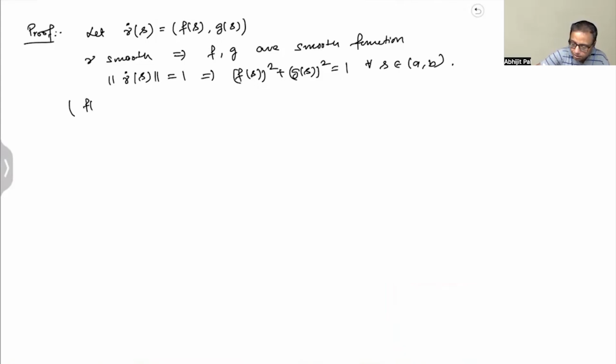So suppose Fs is equal to cos phi s, so we need to find this phi s, and Gs is equal to sine phi s.